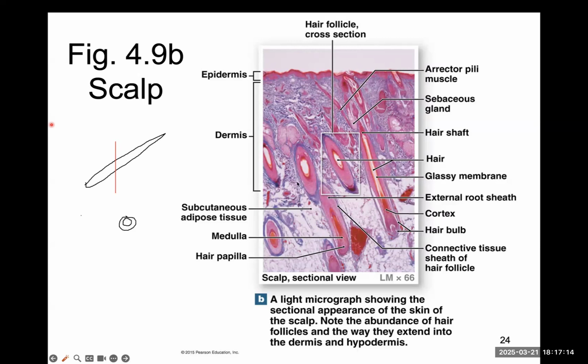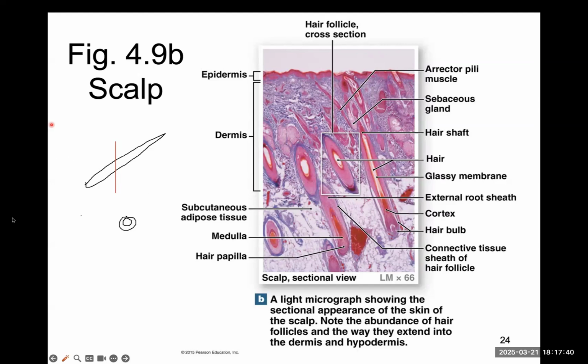So this is a cross section of hair. So it'll be a cross section, and then you have the hair shaft in the middle like that. And if you cut the hair, notice I did it diagonally here, and that's going to be kind of an oval shape. That's why you have this oval shape here. It depends on how you cut the hair.